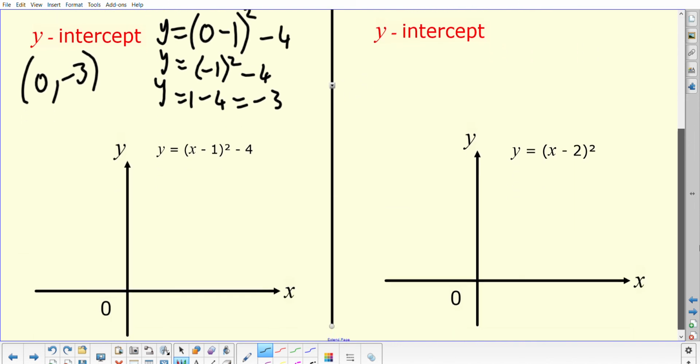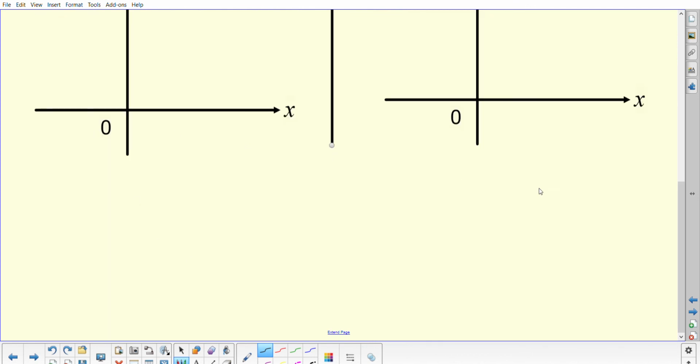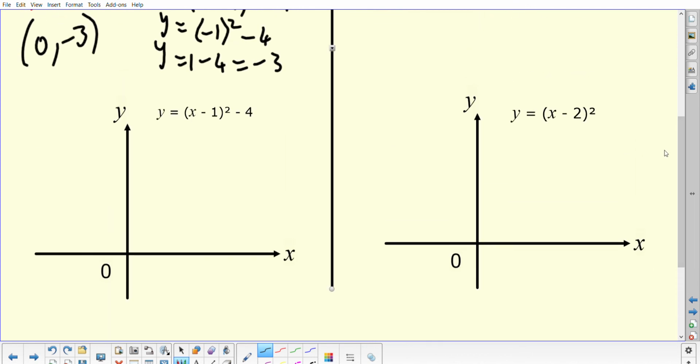So when I plot that on my graph, my turning point first of all was the point 1, -4. So 1, -4 would be sort of down here, and I know it's also going through the axes about here.